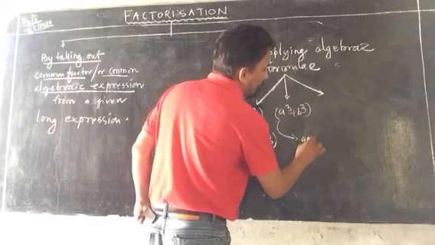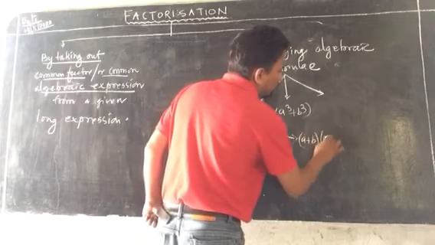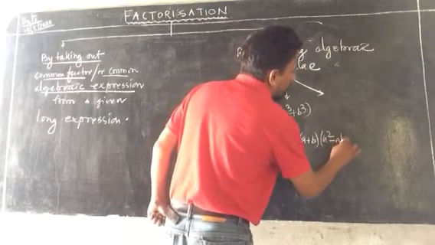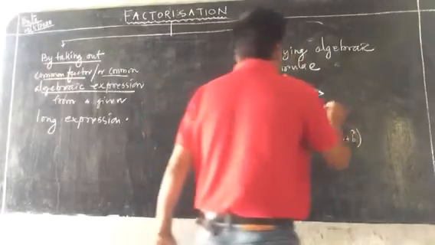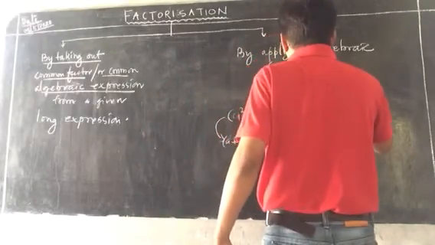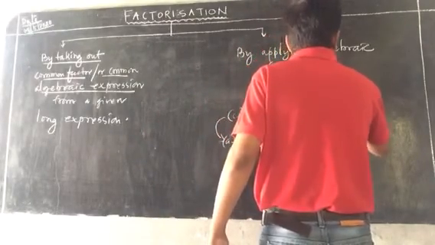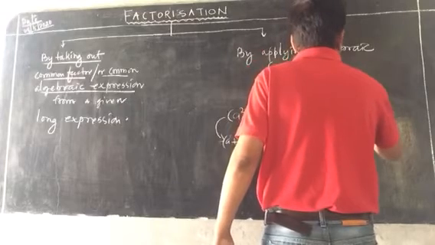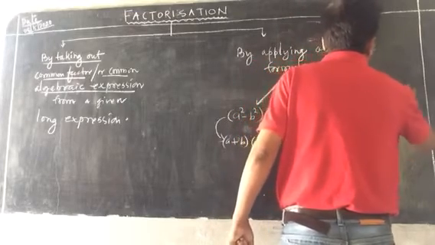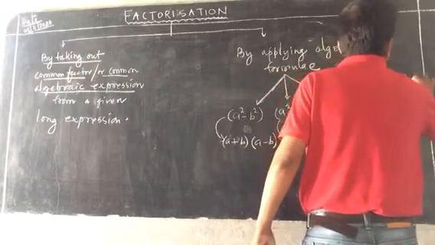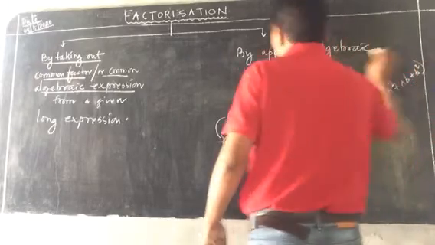That is a plus b into a square minus ab plus b square. Mostly only three formulas are used: a cube minus b cube, that is a minus b into a square plus ab plus b square.